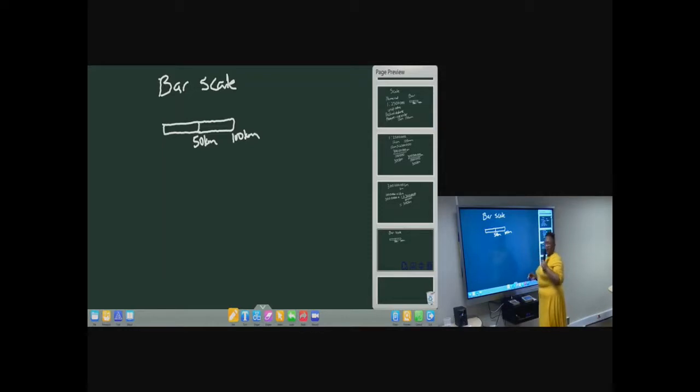When you have a bar scale, you take a ruler and measure it from the first point to the last point, and let's say you got 15 centimeters. You know that 15 centimeters will be 150 millimeters.